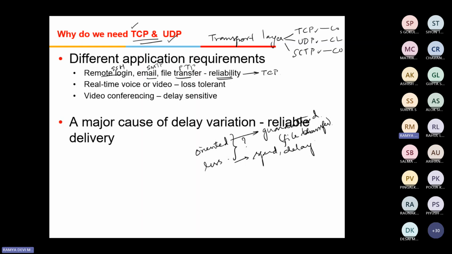Okay. So on the other hand, what we were discussing: real-time voice or video together with video conferencing. All those applications need voice over IP calls or video streaming. So they can tolerate certain loss, right? Even if some data is lost, there is no issue.